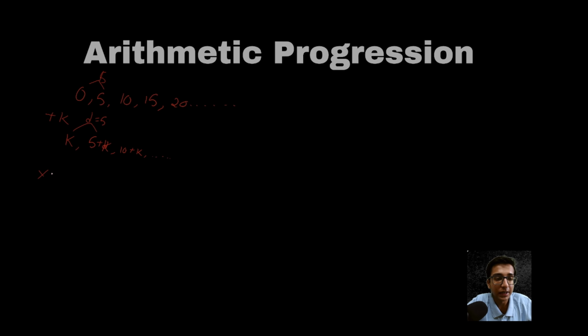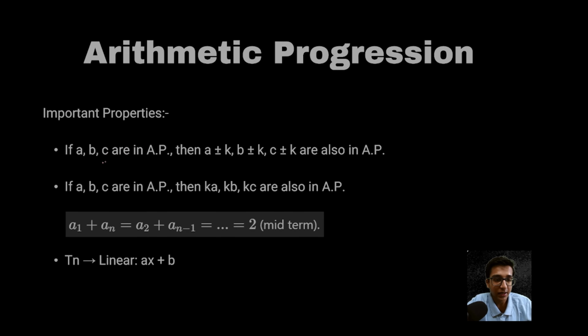Let's say we were to multiply a constant term k to this sequence. We would get 0, 5k, 10k, and so on. Now the common difference has changed. d has changed to 5k. Initially it was 5, now it has become 5k. So that is exactly what has been mentioned here.